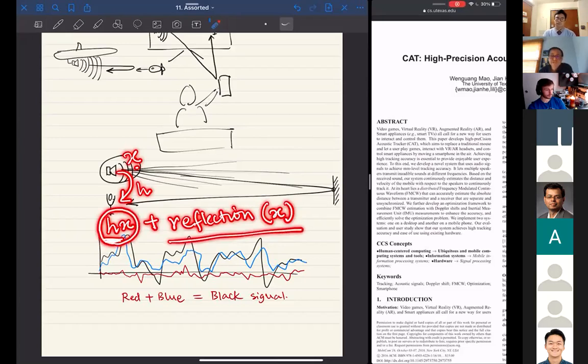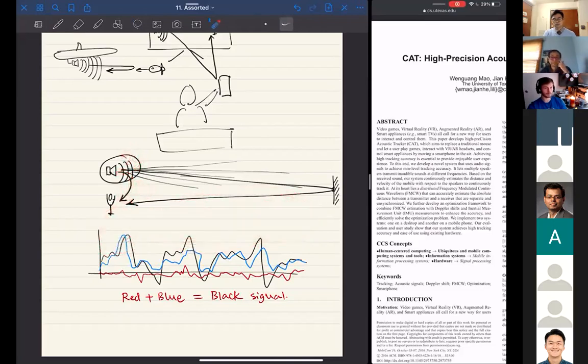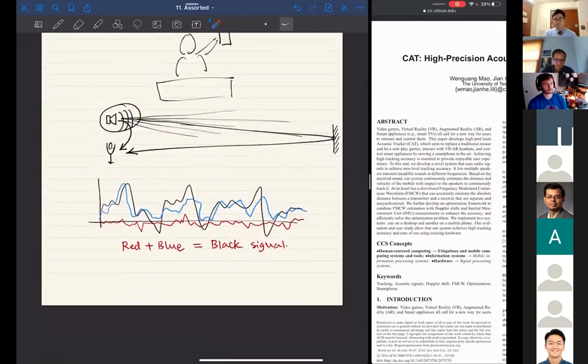But if the reflection is very weak, meaning the reflection is almost close to noise, then it becomes hard. Because if you do not subtract this HX perfectly, the residual, the pollution that you have, will make it difficult to pull this signal out. Does that make sense? Okay.